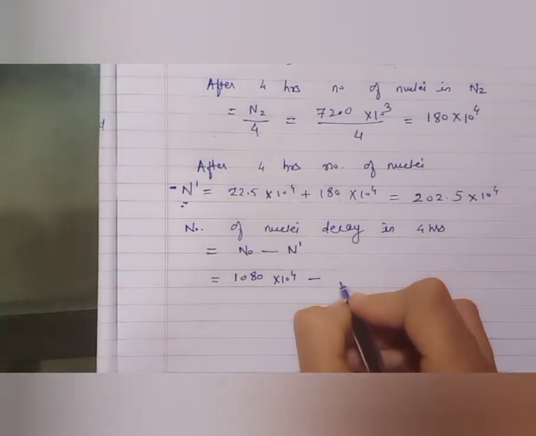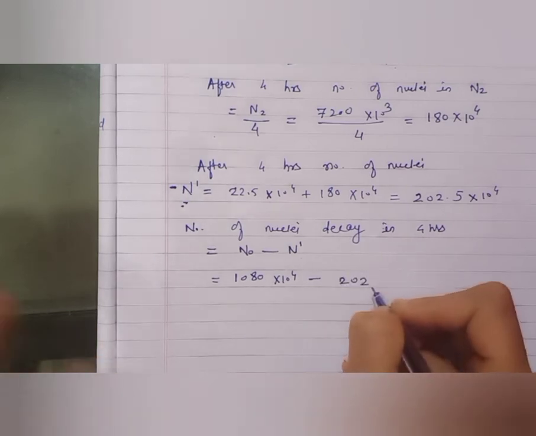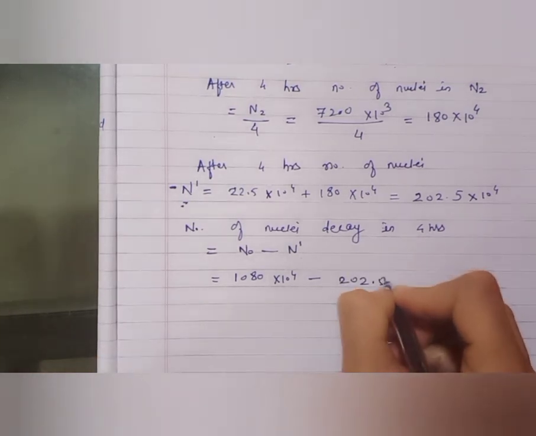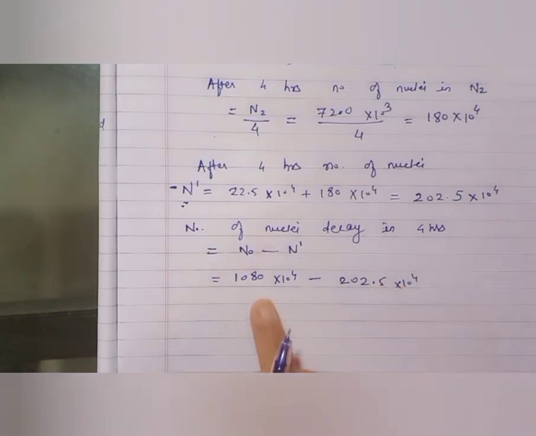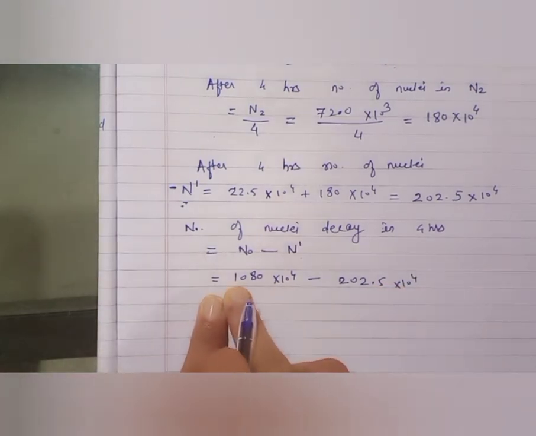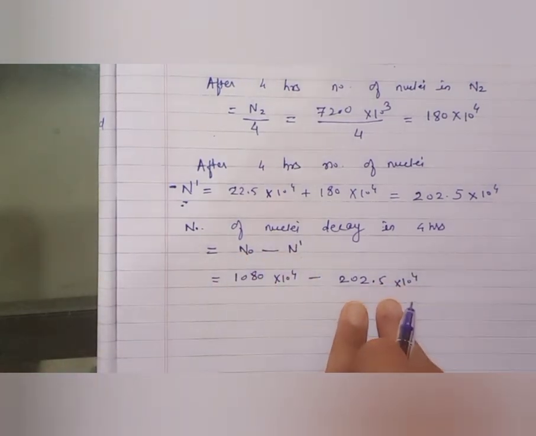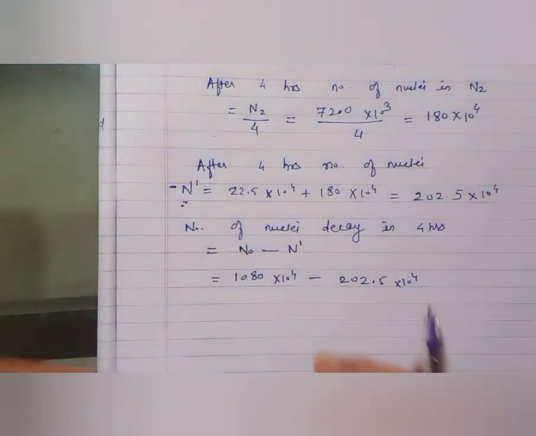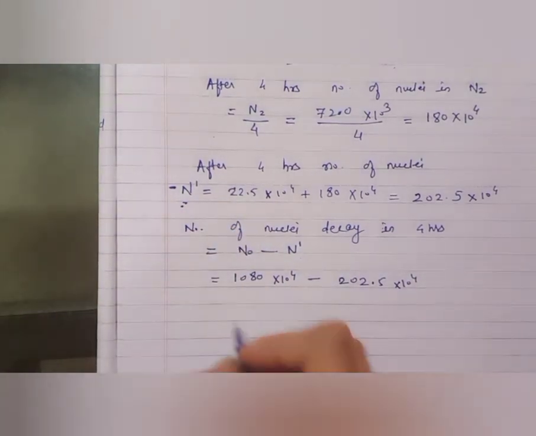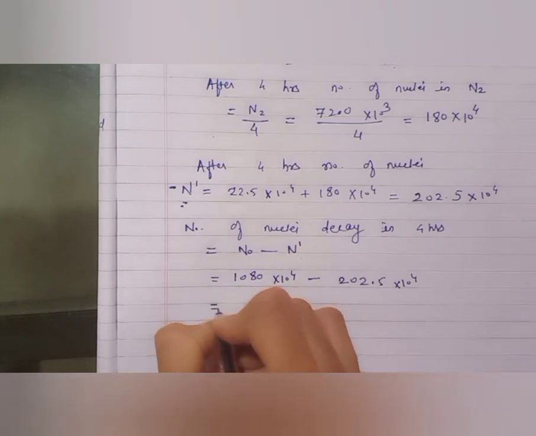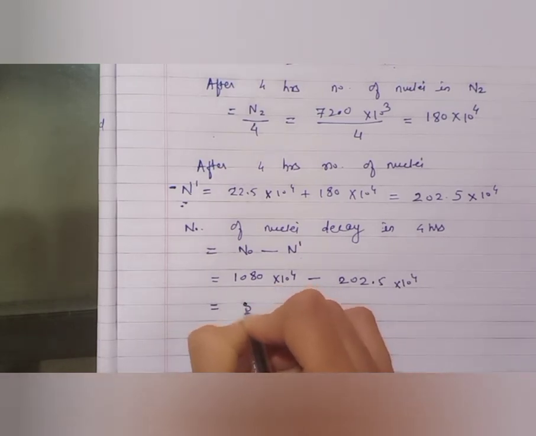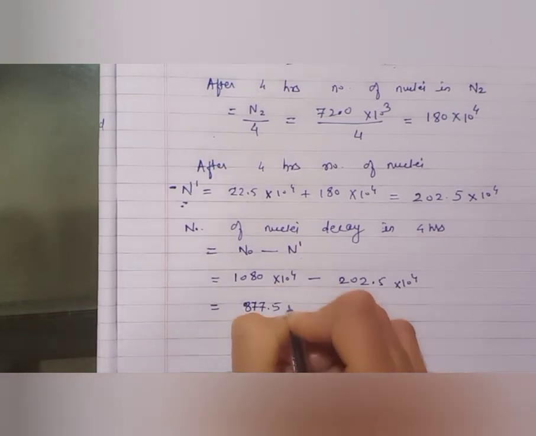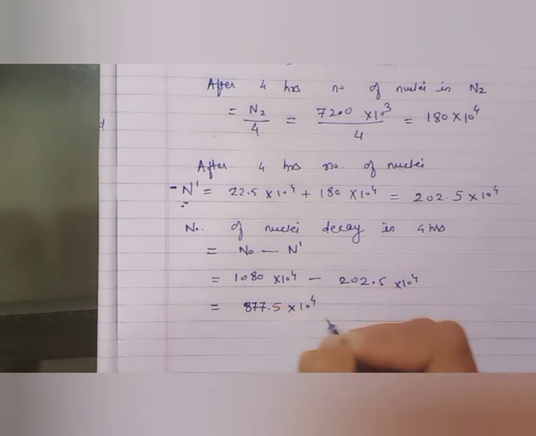So I converted this to the power of 4. Initial number of nuclei minus the number of nuclei present after 4 hours, 202.5 into 10 raised to 4. If you subtract this, obviously you will get how many decayed. So if you do the subtraction, you will get the answer around 877.5 into 10 raised to 4.